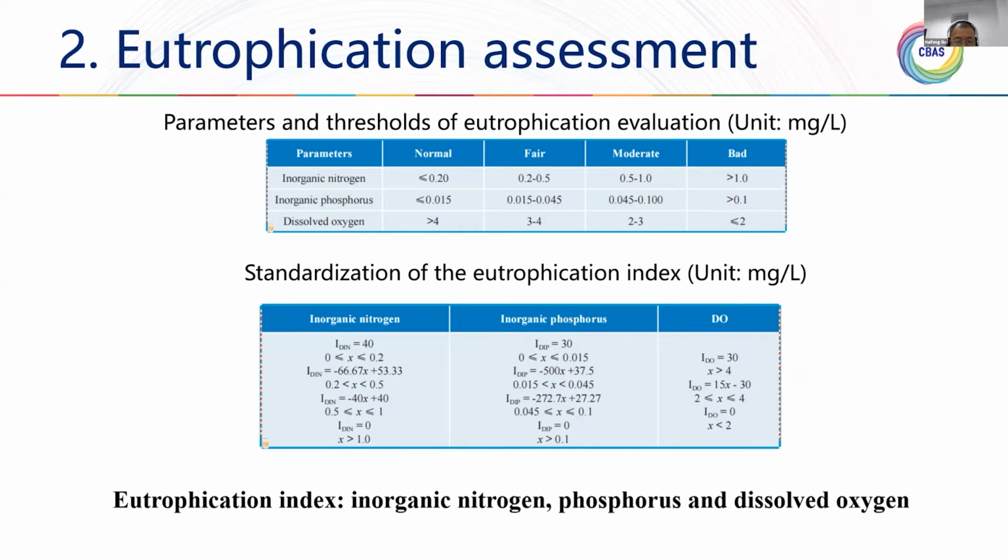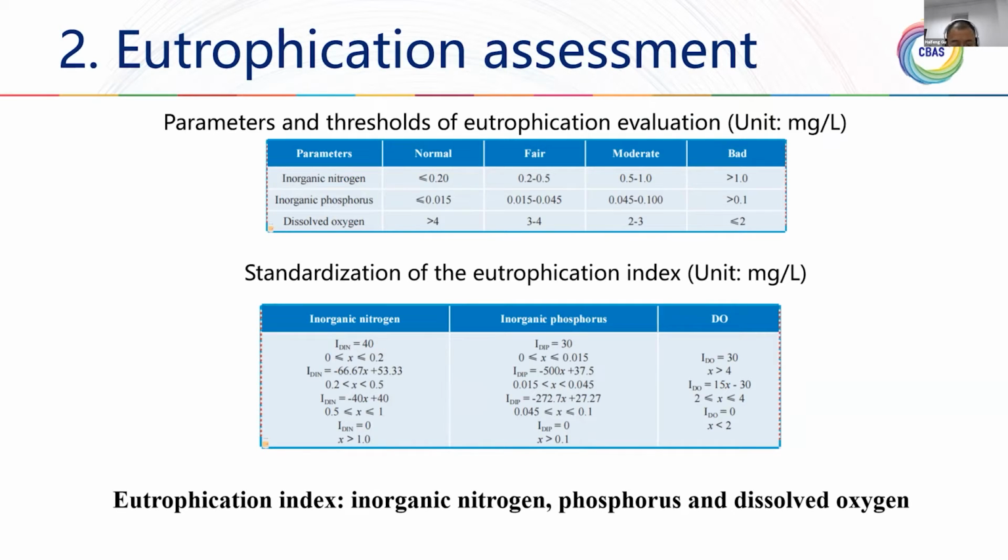Inorganic nitrogen and inorganic phosphorus were selected as inorganic nutrients. Compared with inorganic phosphorus, inorganic nitrogen pollution is usually more serious. Therefore, the weight given to inorganic nitrogen was 40%, and inorganic phosphorus and dissolved oxygen accounted for 30% each.